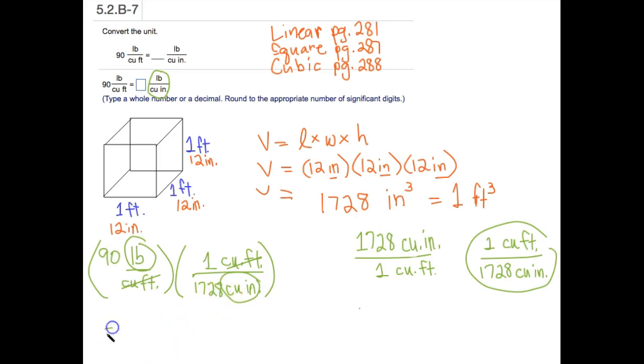And I end up with 0.05208333. I want to go ahead and round to the same amount of significant digits that my original number 90 had. So I'm going to round to 1 significant digit and add my units there. And so 0.05 or 5 hundredths would be my final answer.